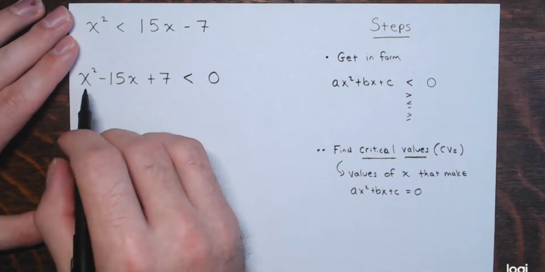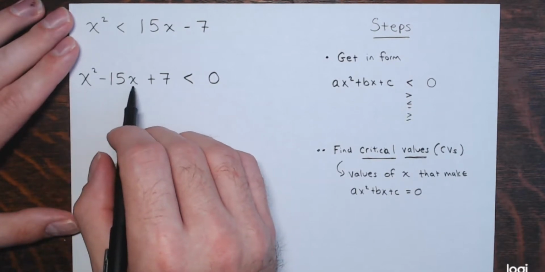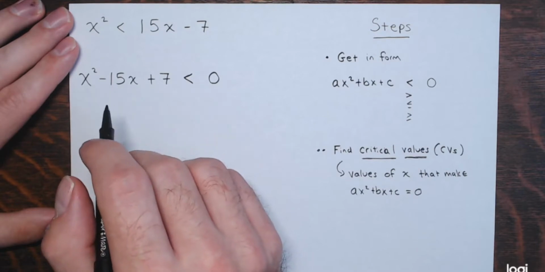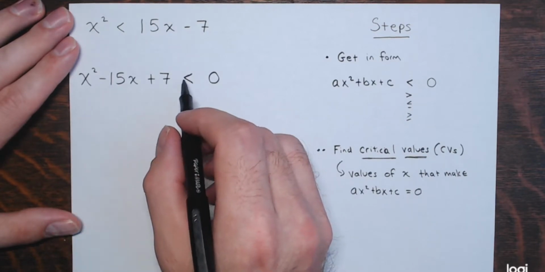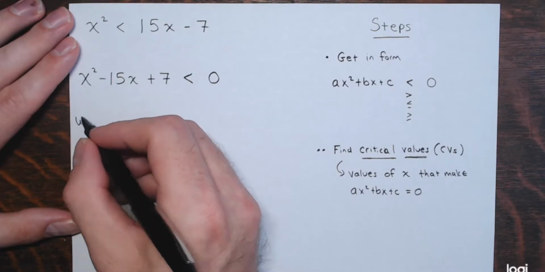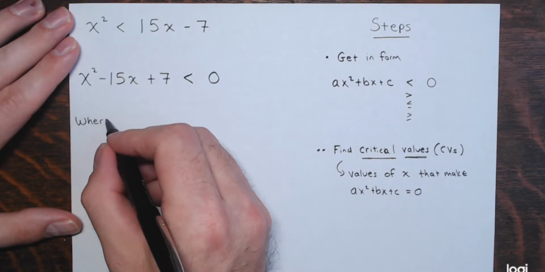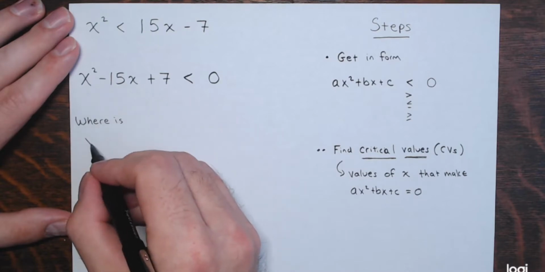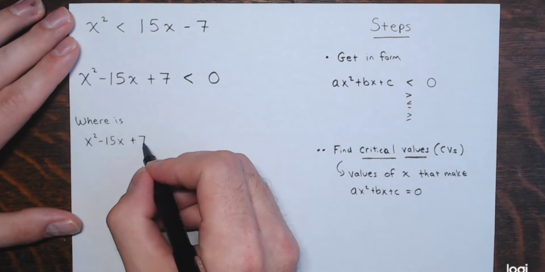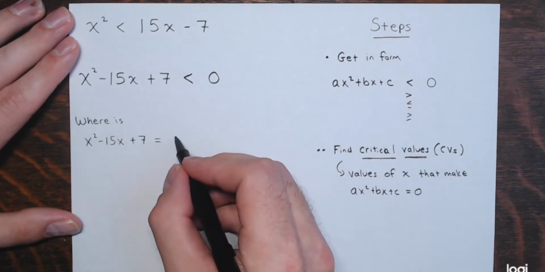Alright, so here our quadratic polynomial is x squared minus 15x plus 7. And again, the is less than 0 I'll worry about later. And the question I want to answer is, where is x squared minus 15x plus 7 equal to 0?